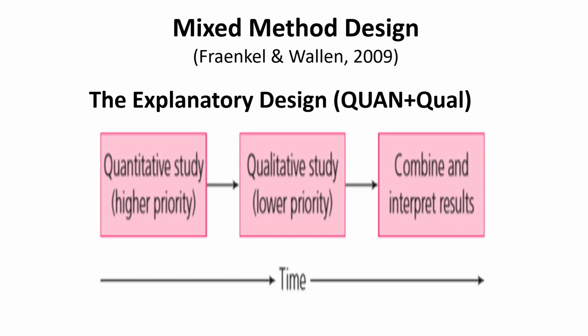In some explanatory design studies, they do all the quantitative data analysis first, and usually the quantitative analysis is longer. The qualitative is just a small portion, just to explain more the reasons behind, for example, the quantitative findings. And of course, you have to combine them and interpret the results.